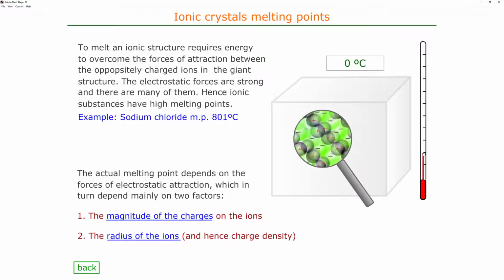So by putting energy in, we increase the temperature. All that happens is the vibrations of the ions within the lattice get greater and greater until eventually we reach up to the melting point. If I can get my thermometer up to the melting point, there we go. At this stage, the particles have shaken themselves apart, rather like a large building being shaken apart by an earthquake.